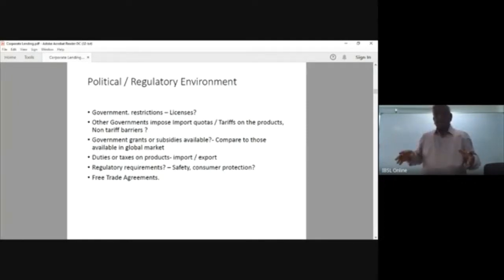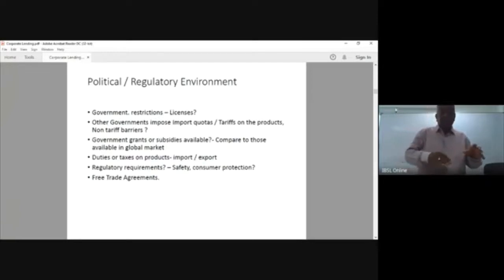Similarly, when we export to other countries, how are the barriers in those countries? Whether there are tariff or non-tariff barriers, and how they impose duties. You have to analyze that.